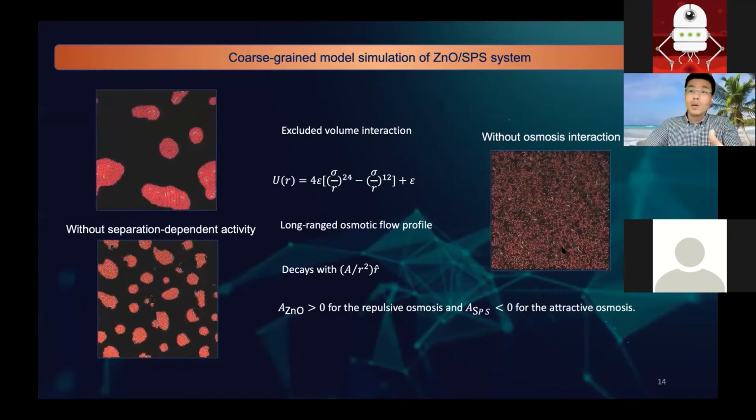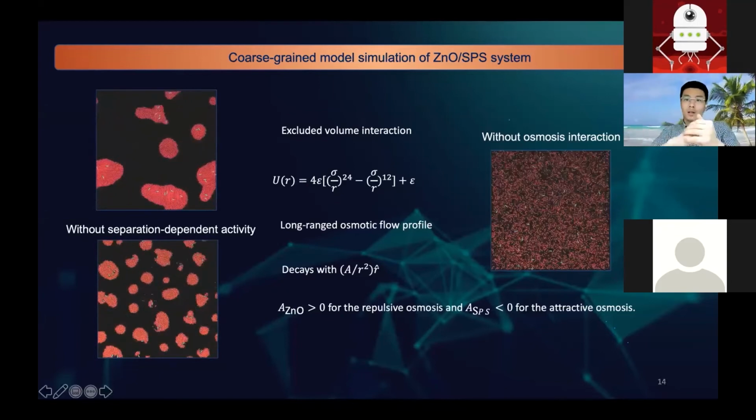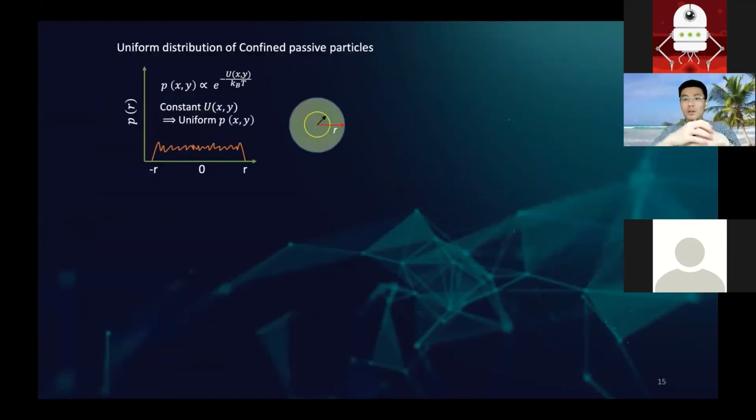Okay, we also studied the phase transition behavior of our particles in the confinement. We first consider a simple situation with passive particles in the confinement. Passive particles have a distribution in the confinement that satisfies the Boltzmann distribution, like in this equation.